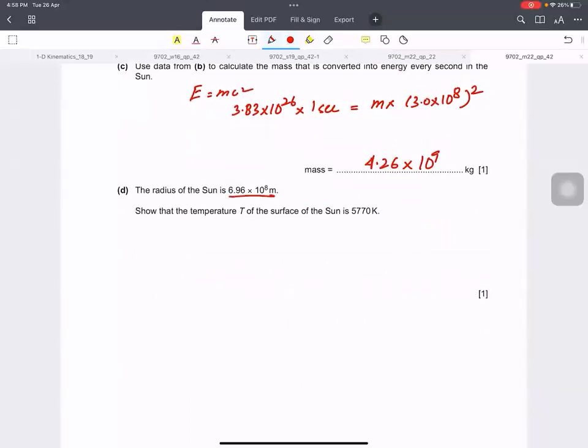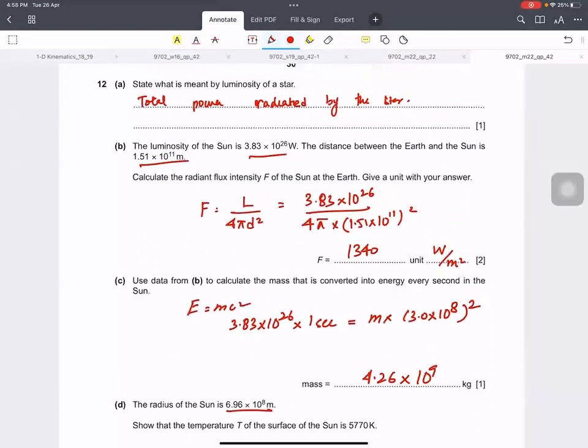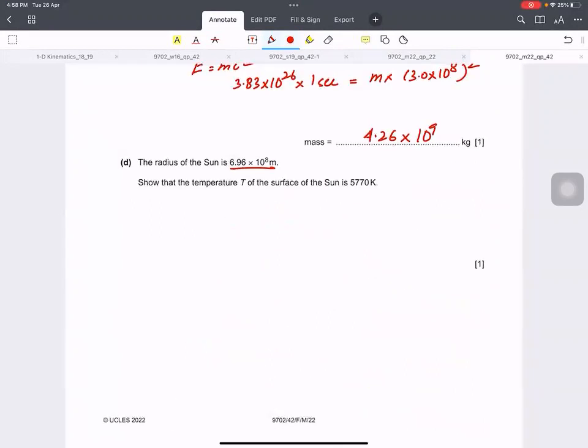The radius of the sun is this. Show that the average temperature is this. अब आपको Wien's constant से ही निकलेगा ये. Wien's constant के लिए तो आपको peak दी नहीं है. फिर ये कैसे निकलेगा? Stefan-Boltzmann से निकल सकता है. Stefan-Boltzmann: luminosity equals 4 pi sigma r square T to the 4. Radius square हो गया ना? ठीक है, अभी कर लेते हैं. 4 pi r square.